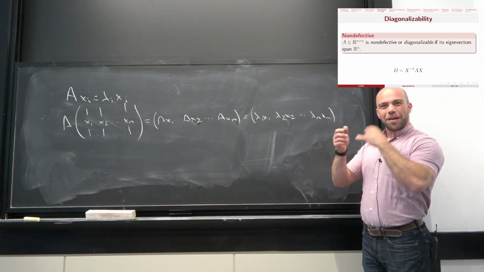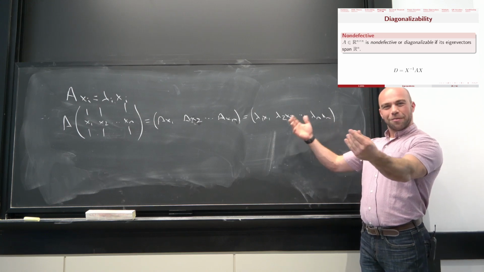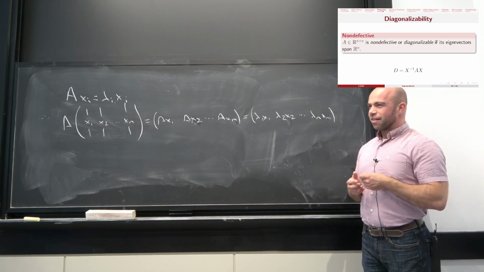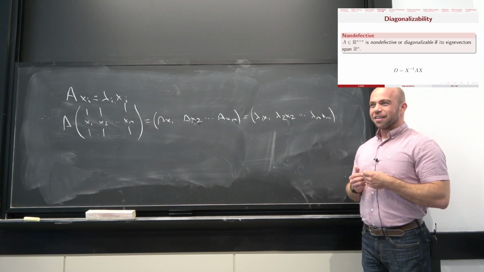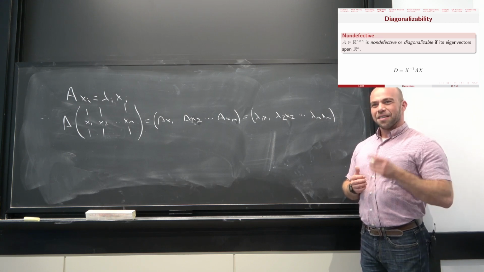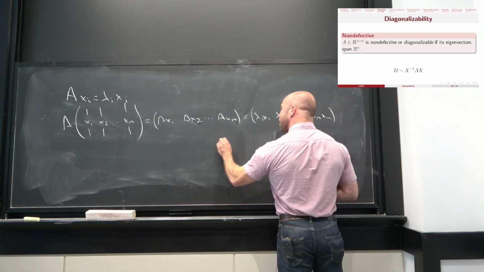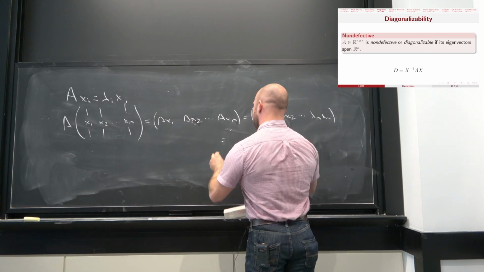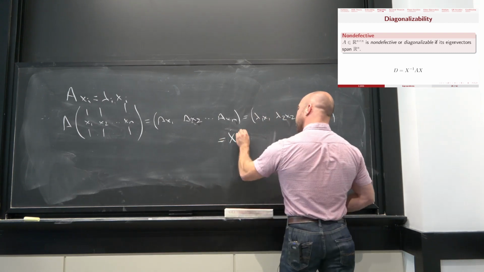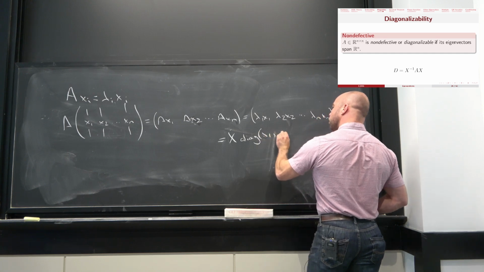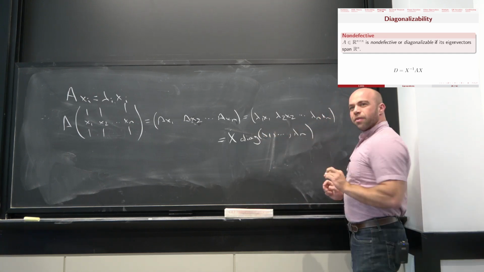What happens if I multiply on the left side versus the right side by a diagonal matrix? That's right. You've got to multiply on the right. So this is X. Let's be grown-ups here and call this big X times the diagonal matrix of lambda_1 through lambda_n.